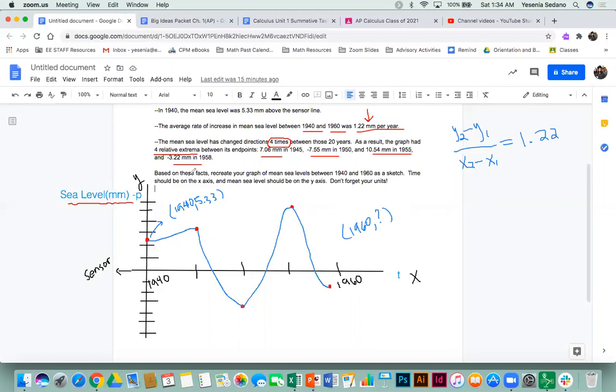So let's go ahead and plug it in. So this is x1, y1, x2, and y2. Okay, let's plug it in. So y2 is question mark. y1 is 5.33, all over x2, which is 1960, minus 1940.